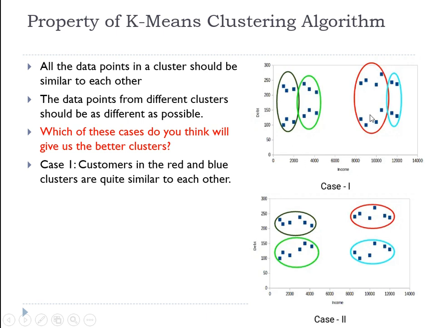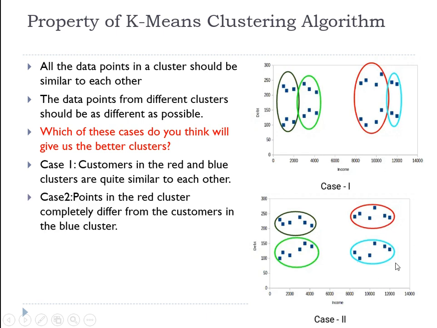In case 1, the customers in the red and the customers in the blue are quite similar to each other, and therefore there is an overlapping of the clusters. But in case 2, the points in the red cluster are very different from the points in the other clusters. So looking at this, we can say that case 2 is a better case of clustering.